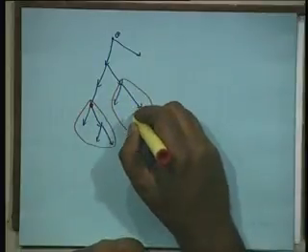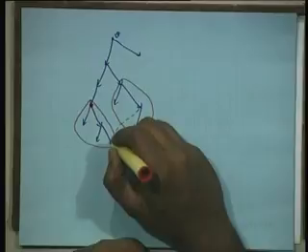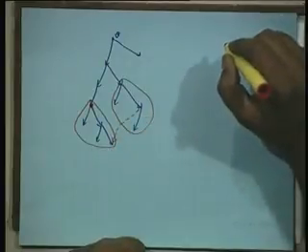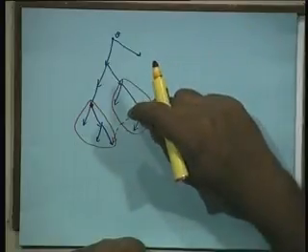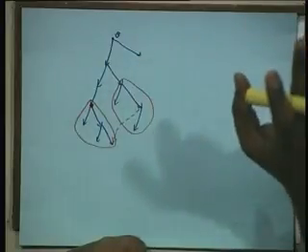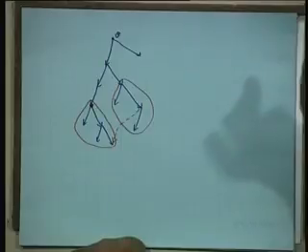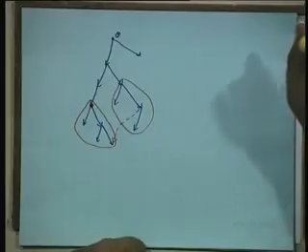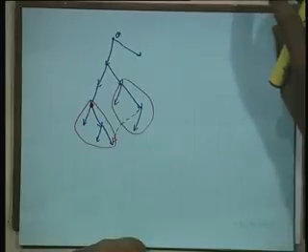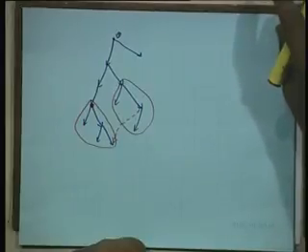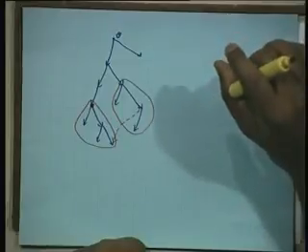So, I could also have an edge going like this. That can happen. So, this edge is also an edge going out of this subtree, and if there is an edge going out of the subtree, I am happy. Okay. So, this is the only thing we will require.